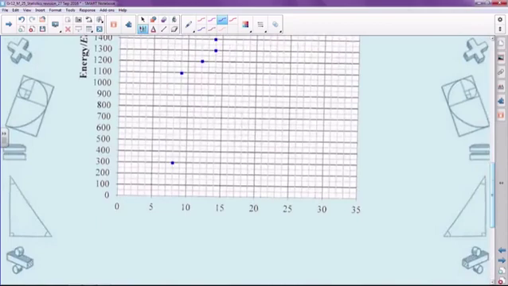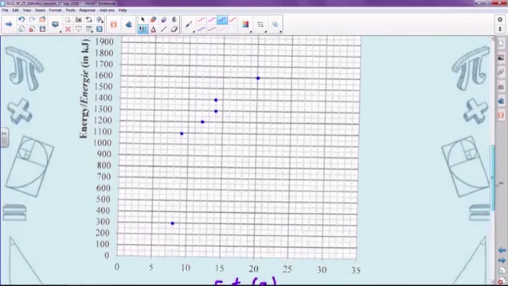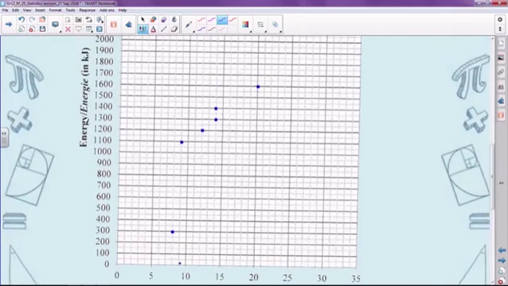So the energy is on the y-axis, the fat in grams is on the x-axis. So when the fat content was 9, the energy released at that point was 1,100 kilojoules. That's where the two meet, that's where we put a dot.